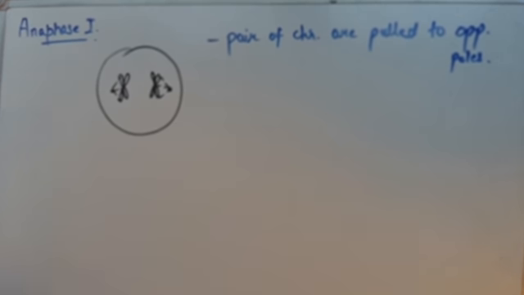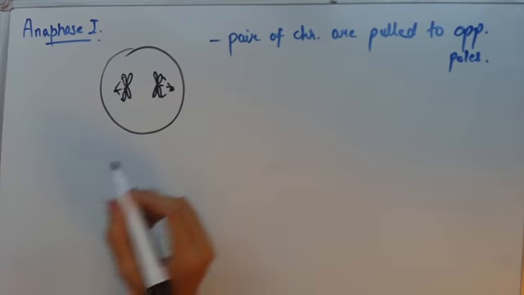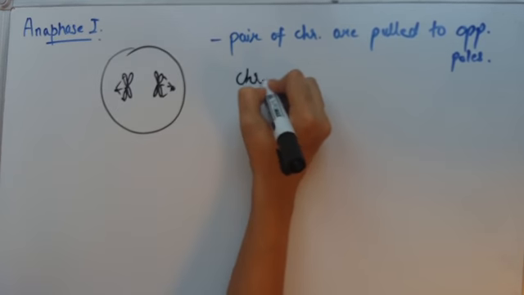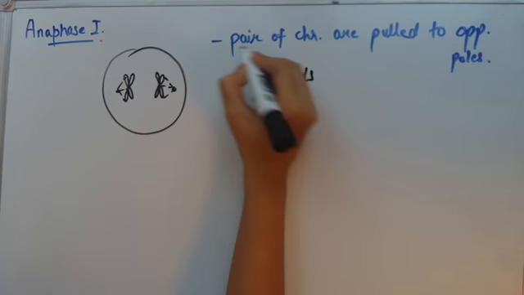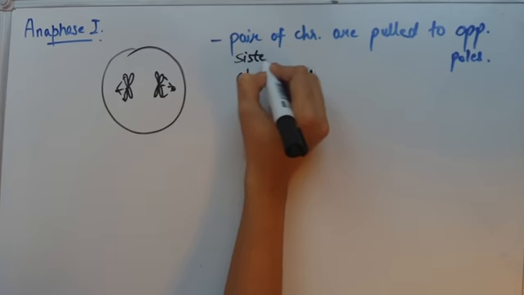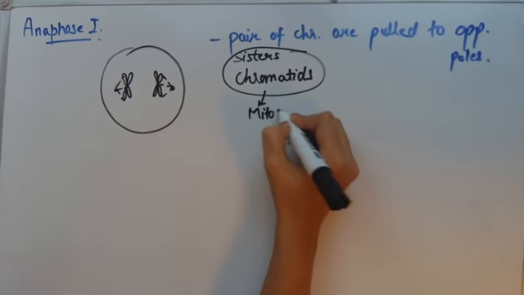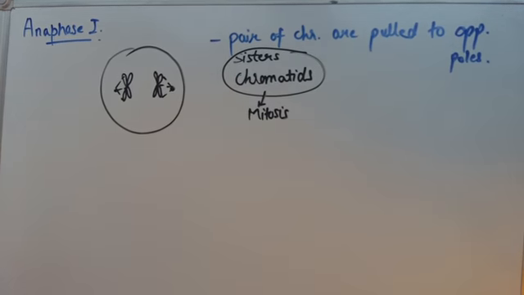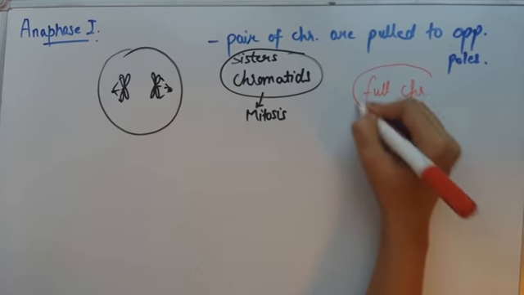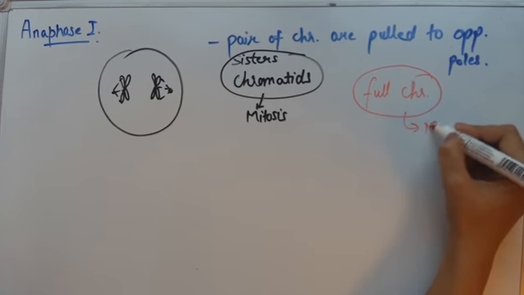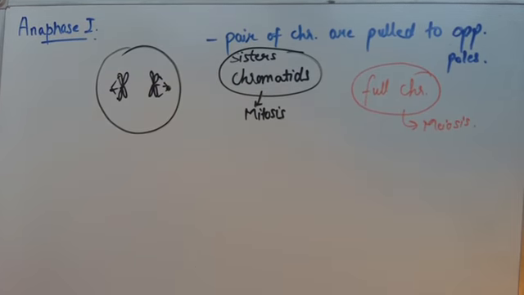Notice that in mitosis, in the anaphase stage, sister chromatids were separated, but in meiosis, the full chromosome is shifted to opposite poles. So this is the difference between the anaphase stage of mitosis and meiosis.